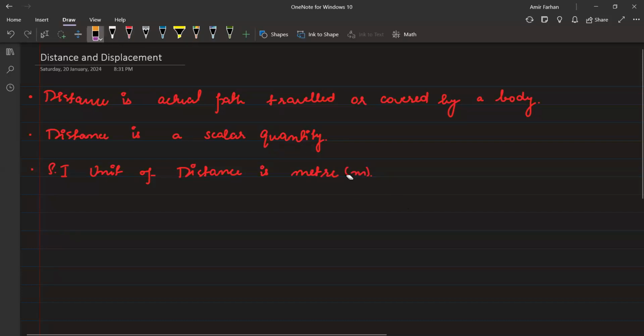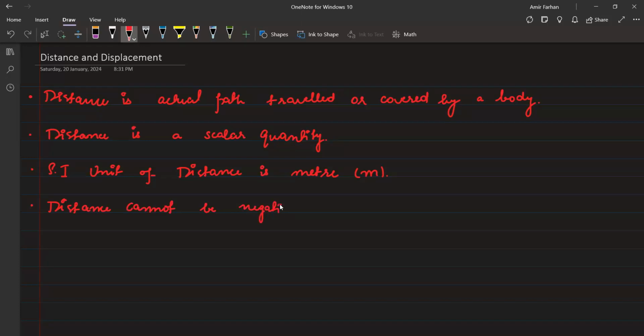These are the three properties. One more thing: distance cannot be negative because it is a scalar quantity. It can be zero, but it cannot be negative. If you take a step and get back to the original position, it doesn't mean that you haven't covered any distance. It means you have covered distance, because it is the actual path. These are the basic things of distance.